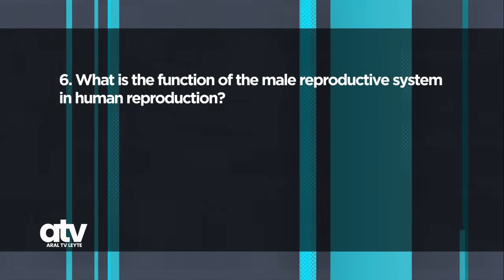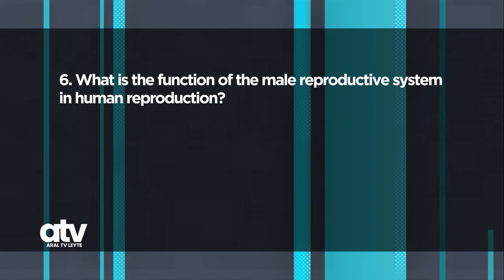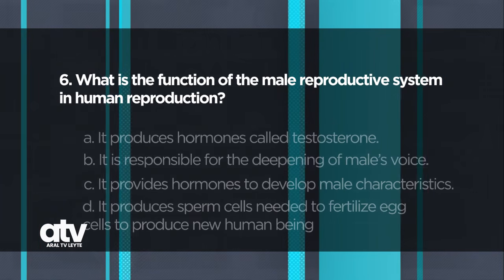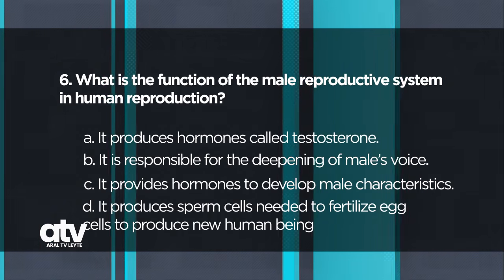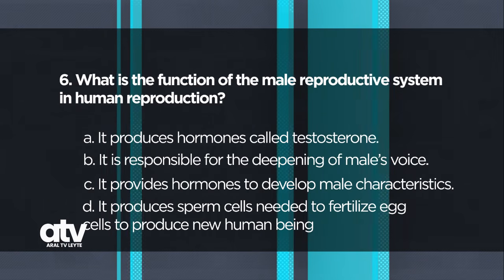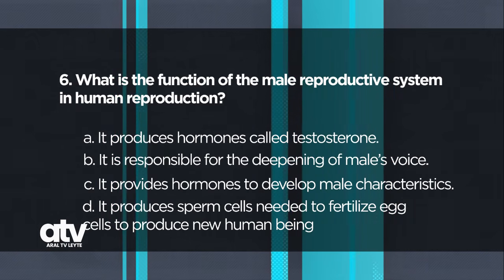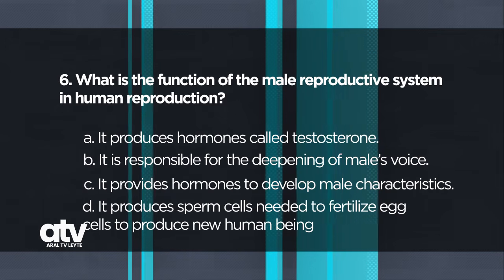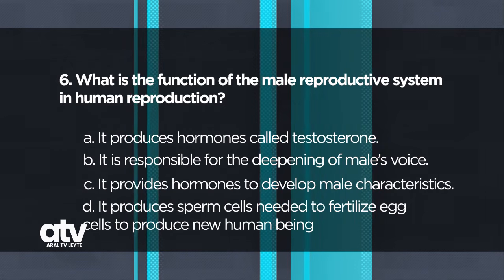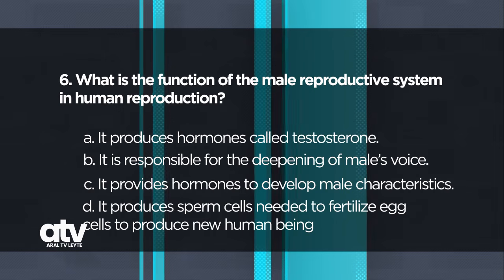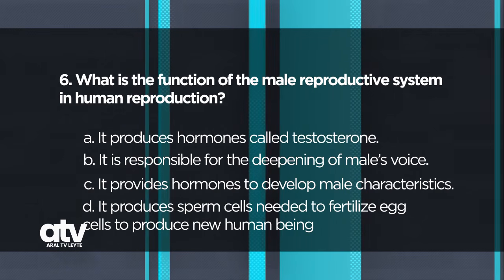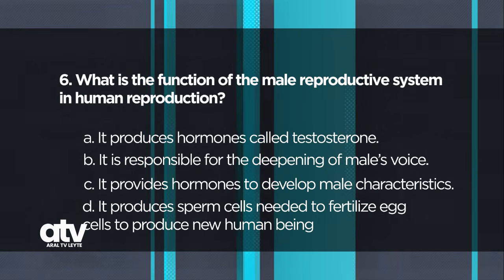Number 6. What is the function of the male reproductive system in human reproduction? A. It produces hormones called testosterone. B. It is responsible for the deepening of male's voice. Letter C. It provides hormones to develop male characteristics.